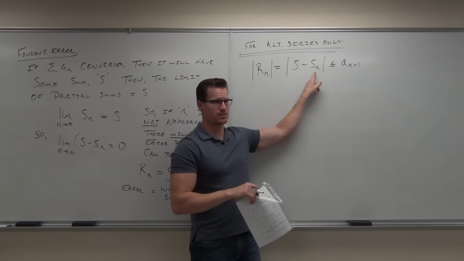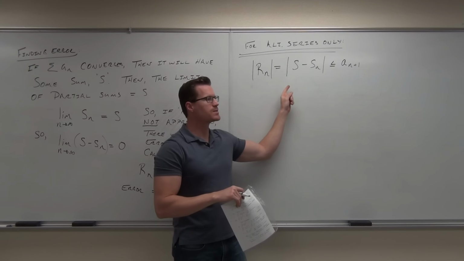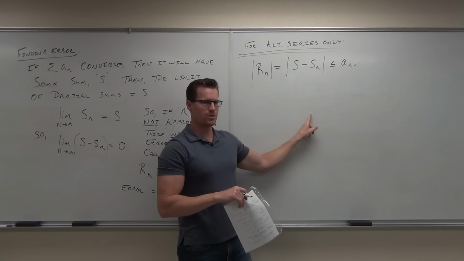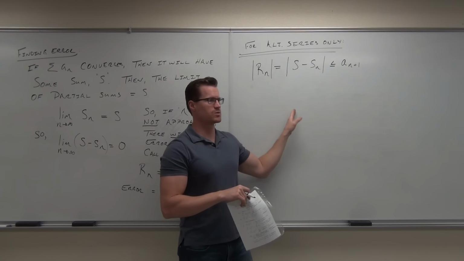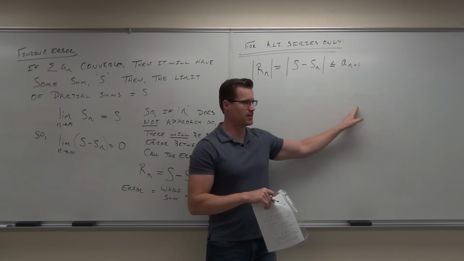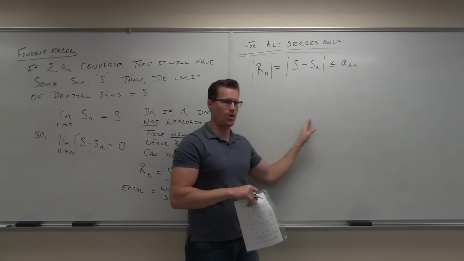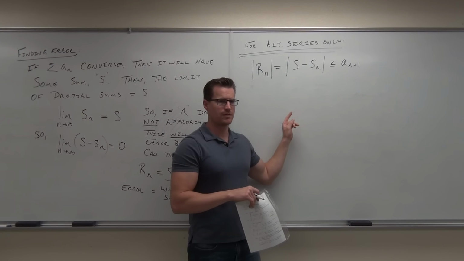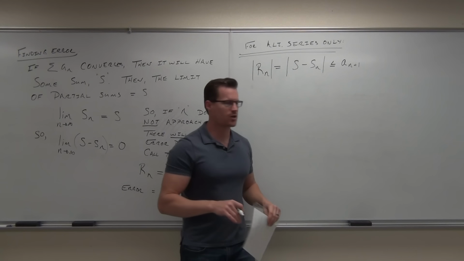What I'm saying is that this difference is less than or equal to the next term after you have stopped. So you do a sub 1 through a sub n. The next one would be a sub n plus 1, right? If you add all this up and you subtract it from S, that difference is less than the next term. You go, why in the world is that? We'll talk about it right now.